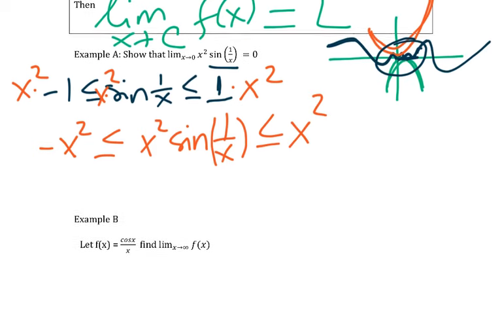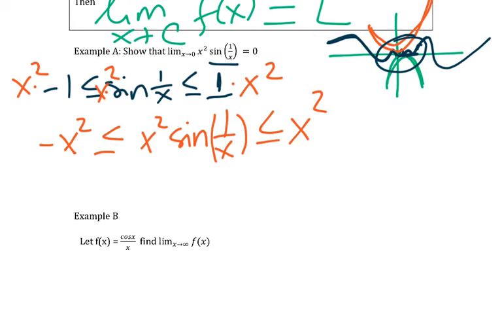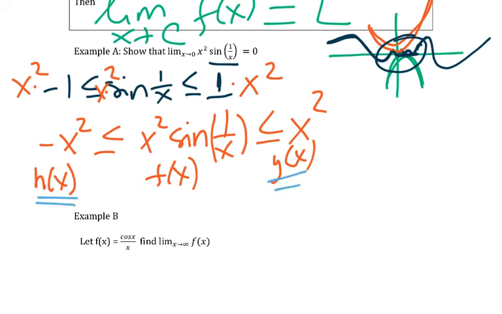So what we're going to do is find the limit. We call this one h of x, the middle one f of x, and this g of x. The goal is to find the limit of h of x and g of x. We do know how to find the limit of h of x because that's negative x squared.